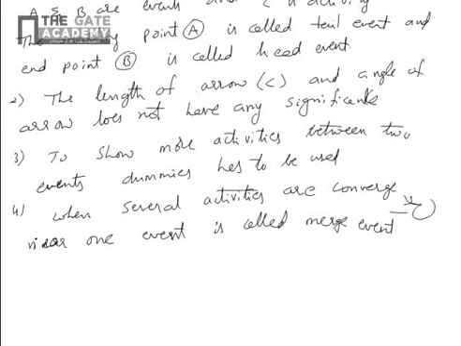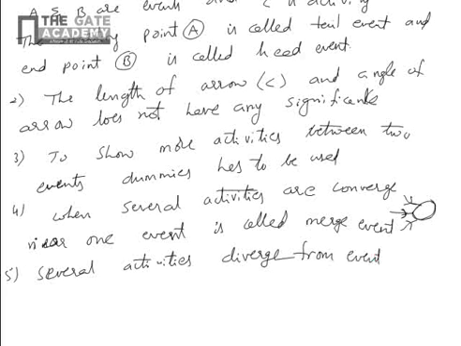So there are different activities coming and merging. It is called a merge event. When several activities diverge from an event, it is called a burst event.